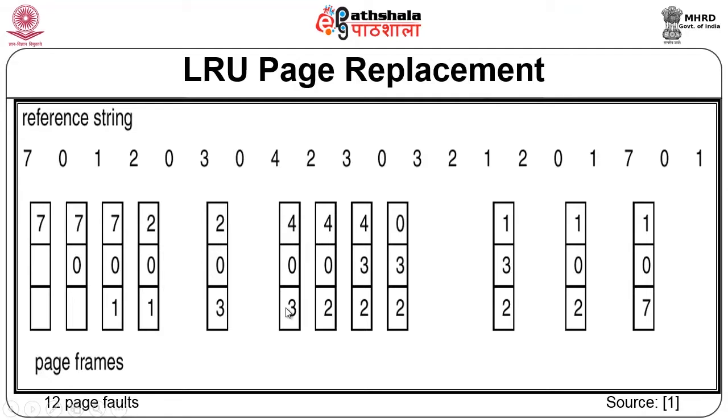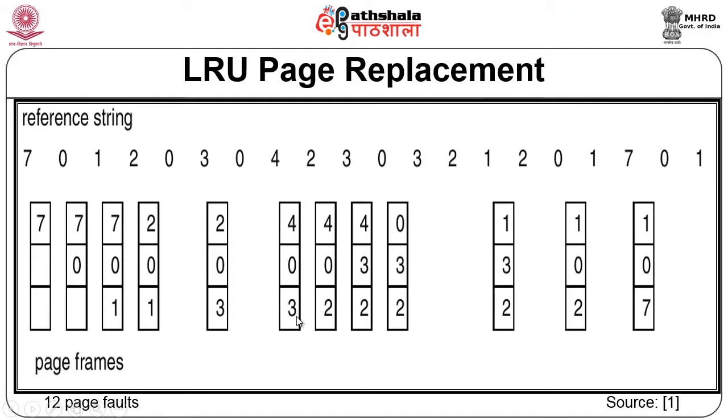So, 4, 0, 3. Then there is a reference to 2, 2 is not in memory and there is no free frame as well, and hence you need to choose one to remove. So, 4 was used, 0 was used and only before that 3 was used.